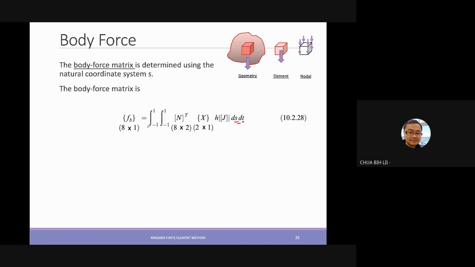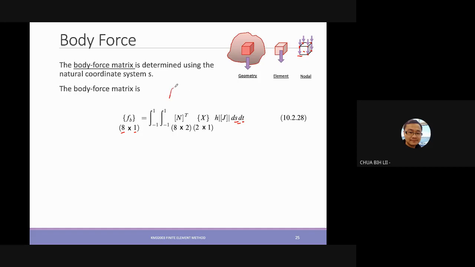You will notice that the force would be in terms of an 8 by 1 matrix, because you have 8 knots, 1, 2, 3, 4, 5, 6, 7, 8. So same thing, you will get the body force, and this body force requires the same formulation as previous.